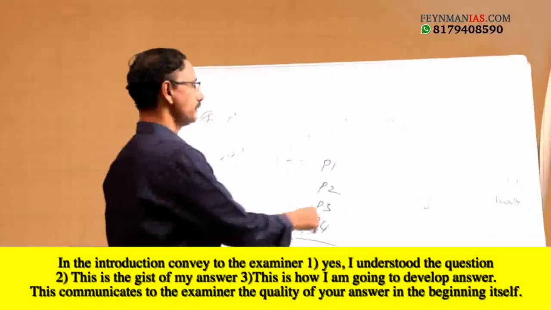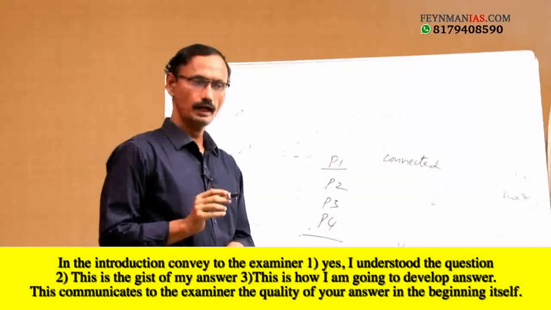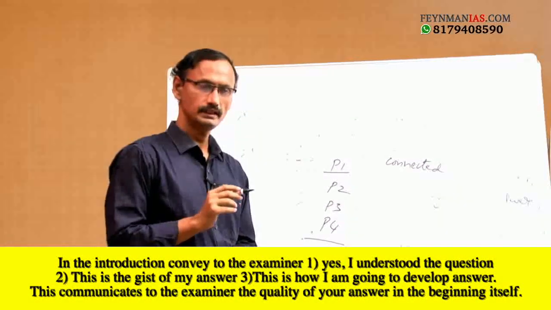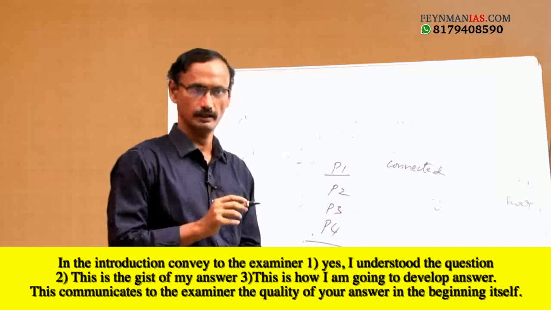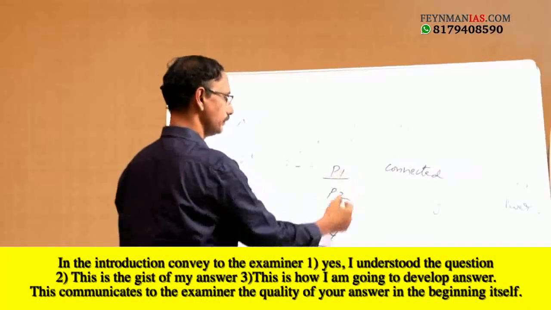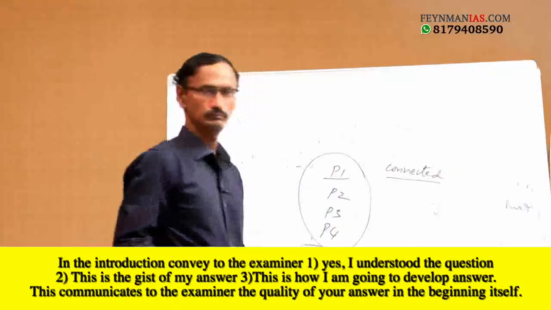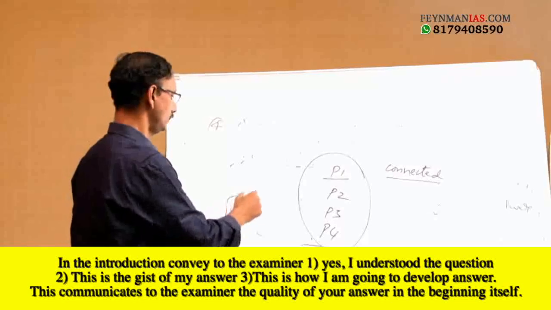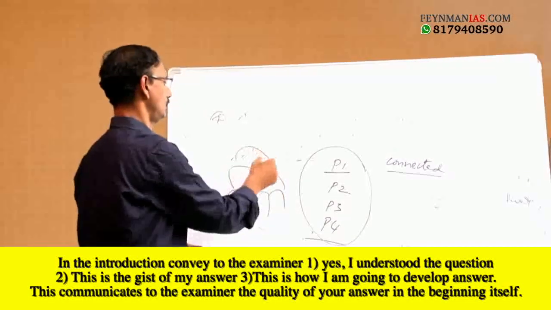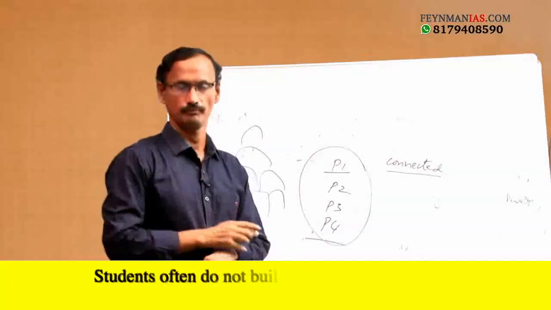And all these paras are connected. Para 1 has a theme, sentences within para 1 are connected, and para 2 is connected to para 1, para 3, para 4, all connected. It's like building a structure.